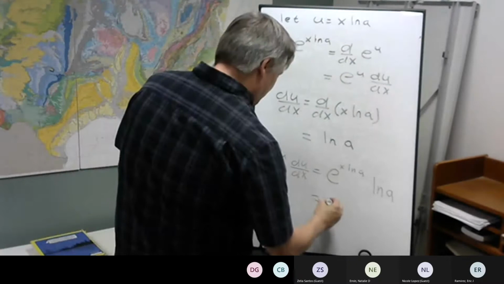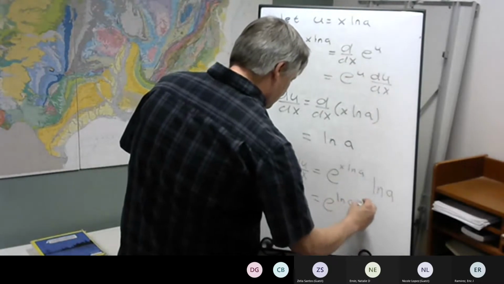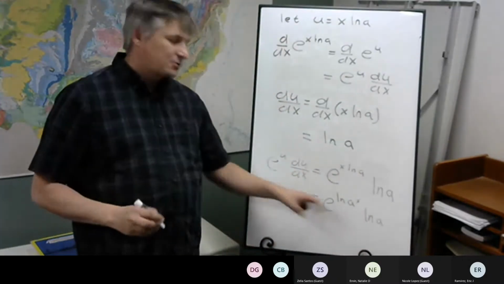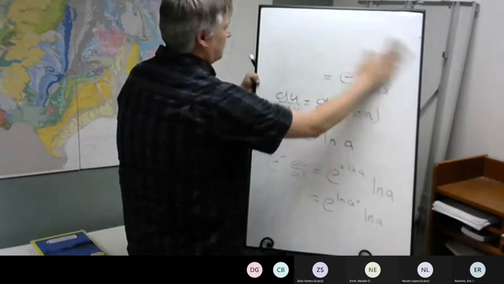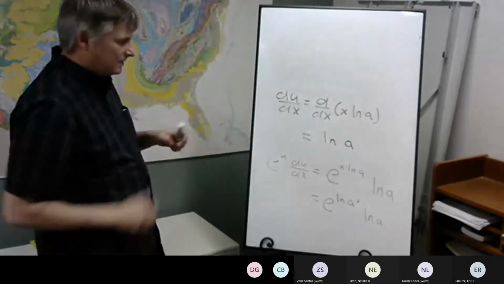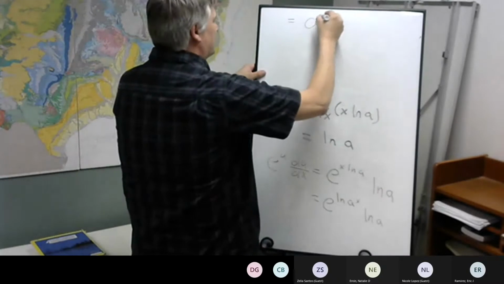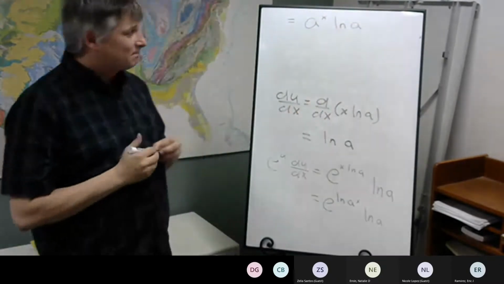And we can put this other one a little bit back together. And again, the e and the natural log will cancel out. And we're going to be left with a to the x natural log of a.